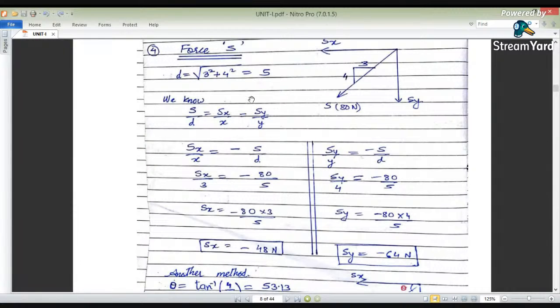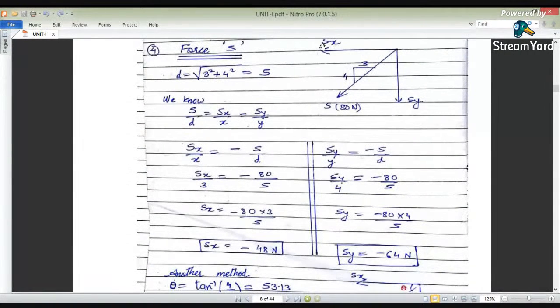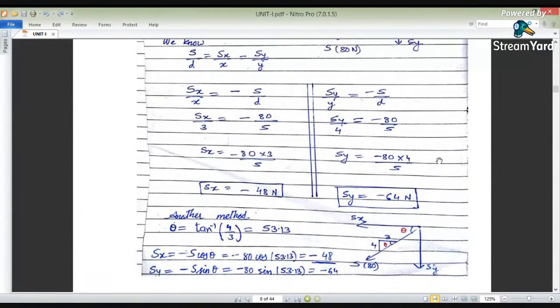So this concept of similarity of triangles is very important to find the horizontal as well as vertical components. Here the horizontal component is on the left side, that is in the negative direction, whereas Sy is in the downward direction, therefore it is again taken as negative. Directions are very important here.